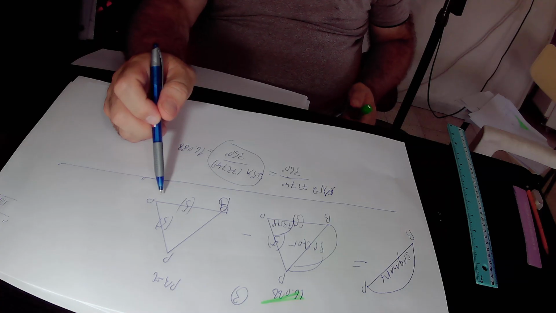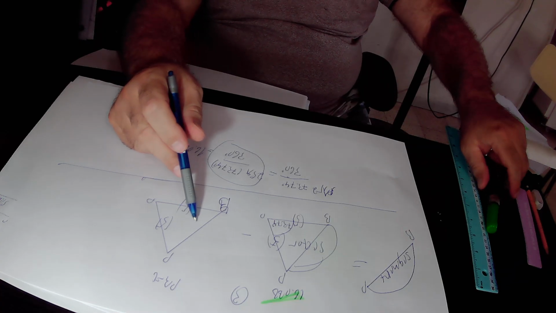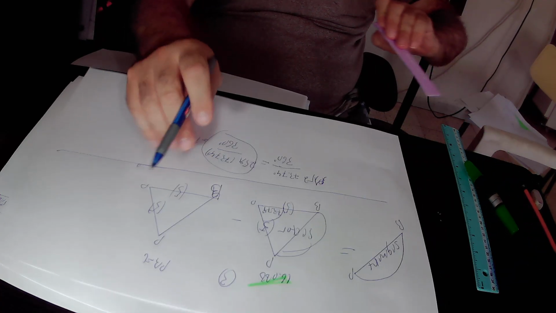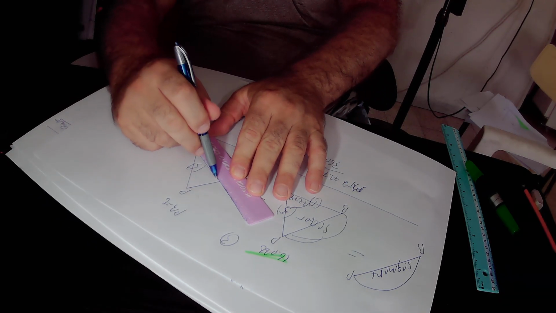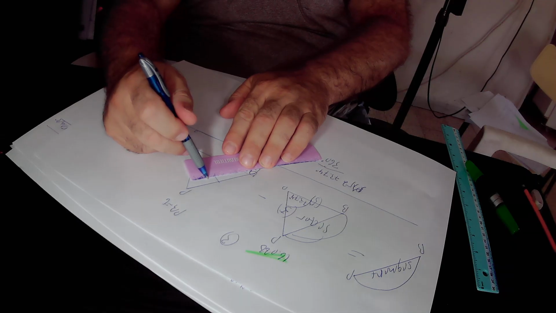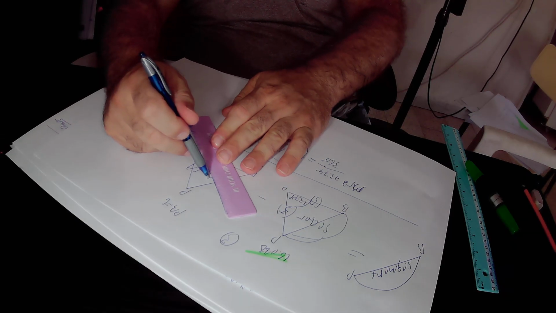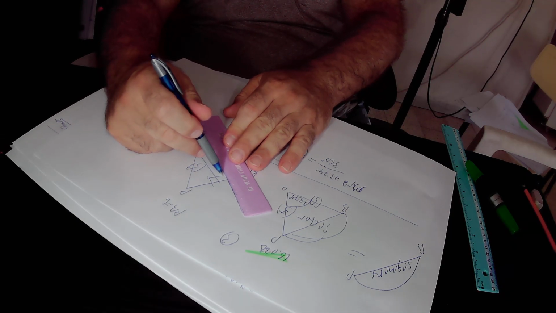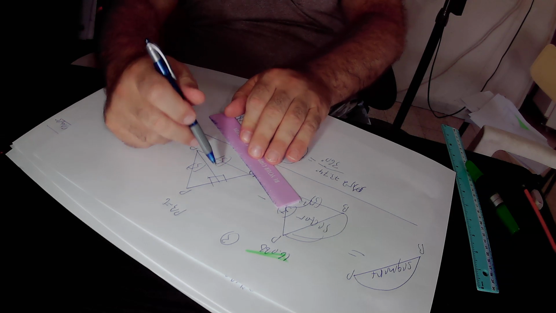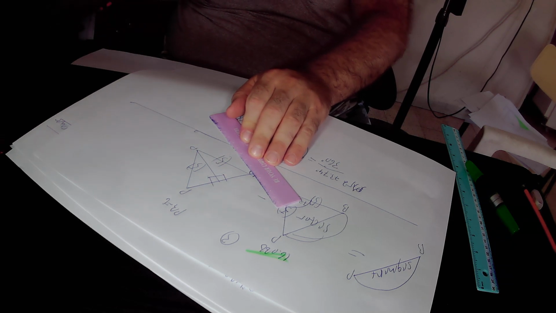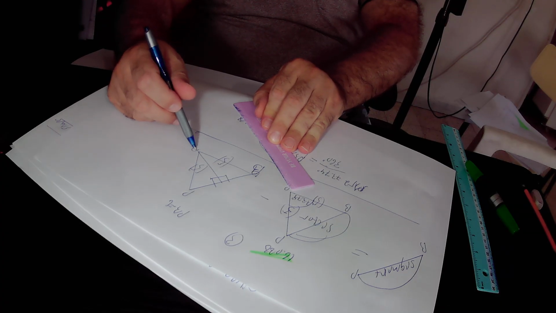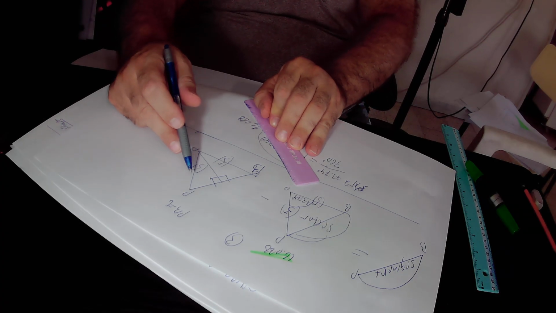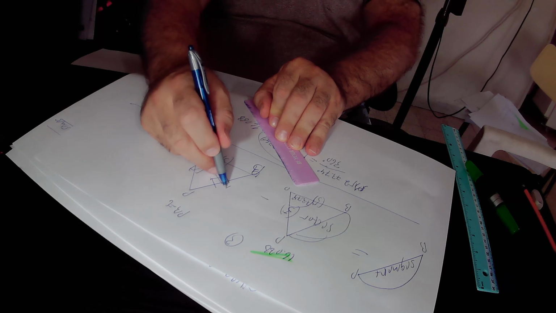So from point O, we will go perpendicular to the base BP. So actually, this angle equals 90 degrees, and this angle also equals 90 degrees according to our construction. We define the touching point of the perpendicular from point O on the base BP. This point is point M.